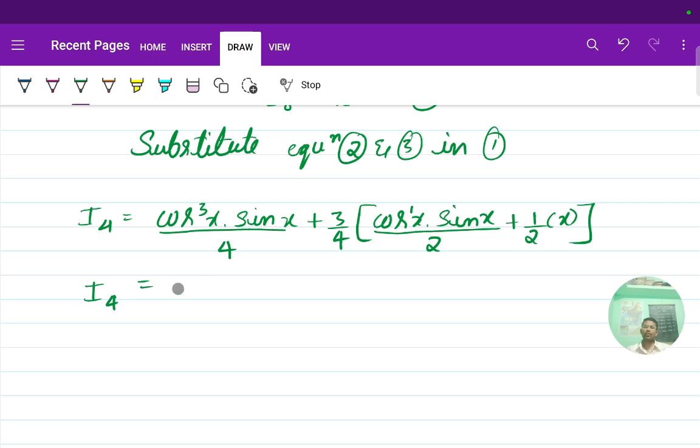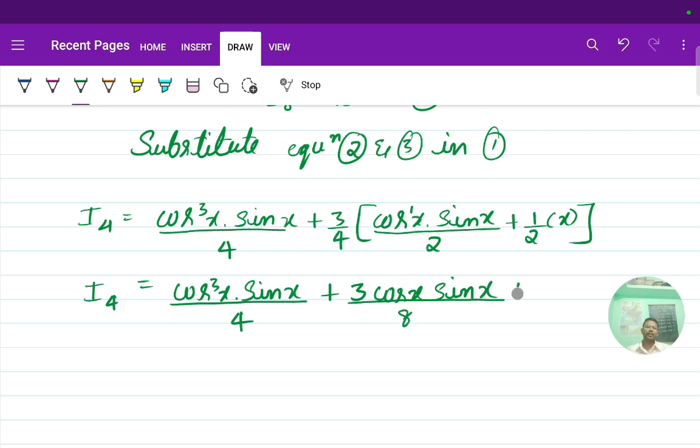I4 is equals to cos cube x into sin x divided by 4 plus, multiplying 3 by 4 to these two terms, we get 3 cos x into sin x divided by 4 into 2 is 8, plus 3 into 1 is 3x divided by 4 into 2 is 8.